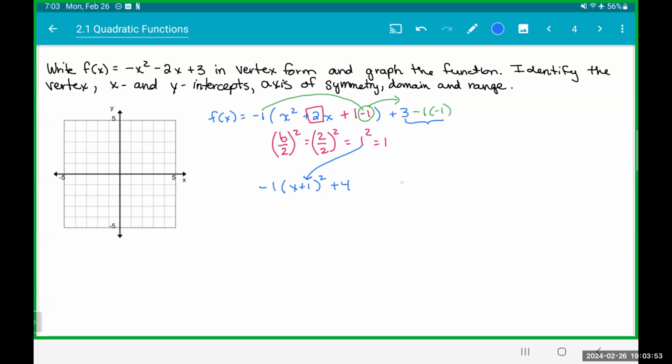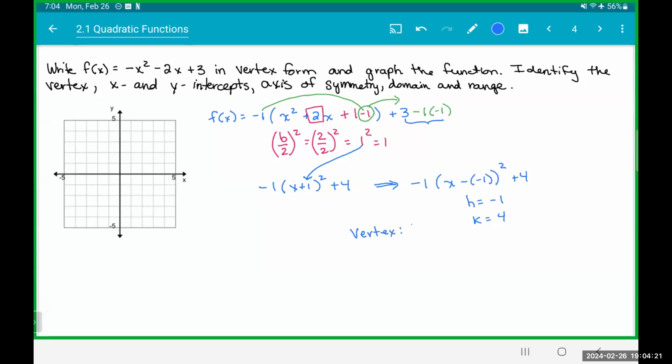And that could also be written as negative 1. I mean, you wouldn't want to write it, but to help visualize the x, the h, and the k, it would be x minus negative 1 squared plus 4. So that shows that my h is negative 1 and my k is equal to 4. So therefore, this problem asked us for the vertex.